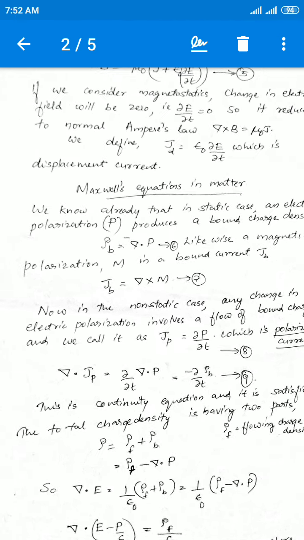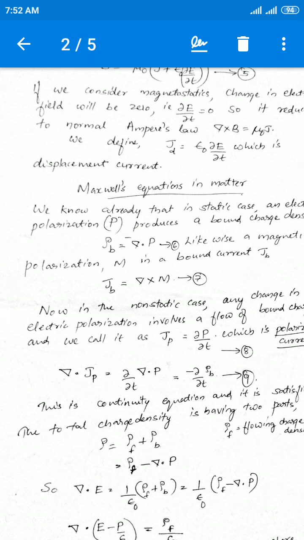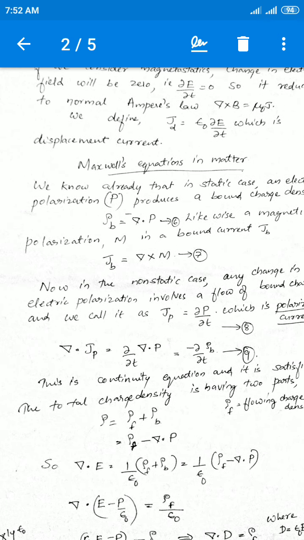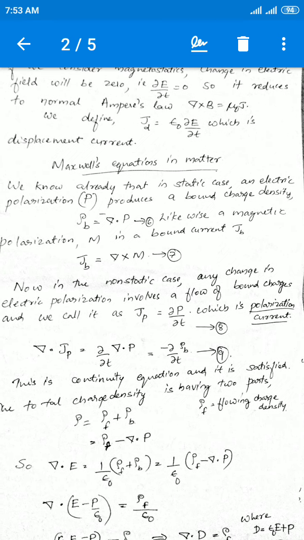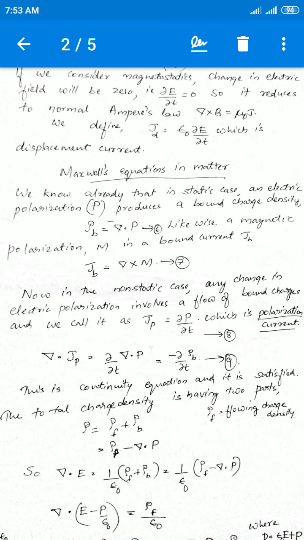Now in the non-static case, any change in the electric polarization involves a flow of bound charge, and we call it JP. When the charges start moving, these bound charges will be flowing, isn't it?